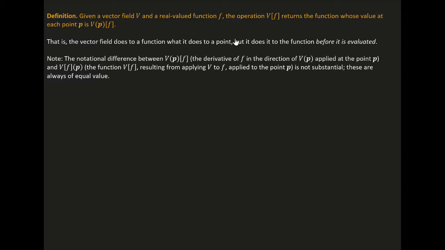So we can take a function and we can take a vector field and we could say the resulting function v of f is simply the function which returns the directional derivative of f in the direction of v of p for each point p.